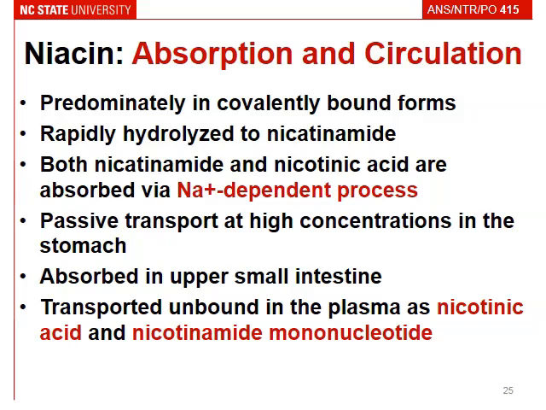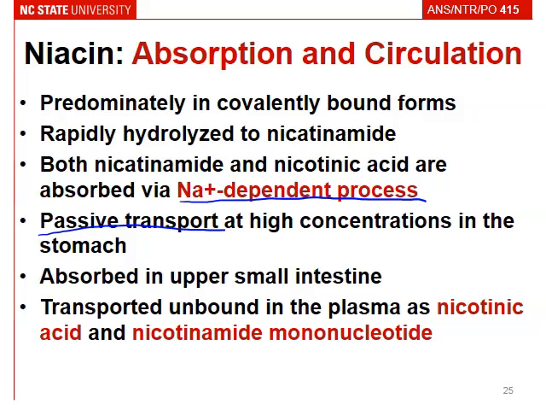And then both our nicotinamide and our nicotinic acid are able to be absorbed from the enterocyte. And this is active transport again. We have the sodium-dependent process similar with thiamine and riboflavin. And similarly, again, if we take our B vitamin complex and we have excess, we're going to have passive transport at high concentrations.